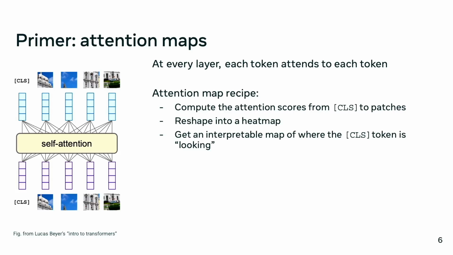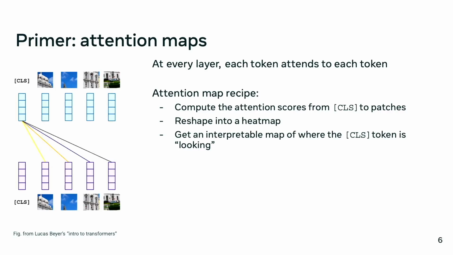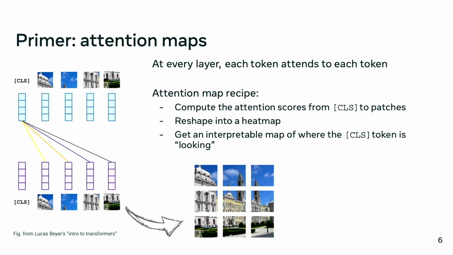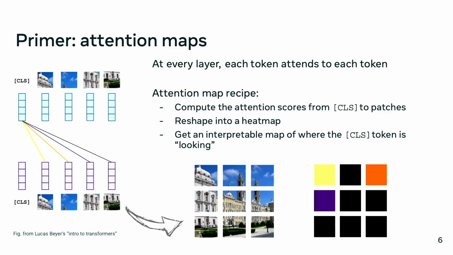At the output, the CLS token will have gathered information from different tokens, the patches and the CLS. What you can do is look at these attention scores, how much attention was given by the CLS token to the patch tokens. In the same way that these patch tokens were an image originally, you can reshape these attention scores and obtain a heat map. This heat map is what we call the attention map of the CLS token to the patch tokens.